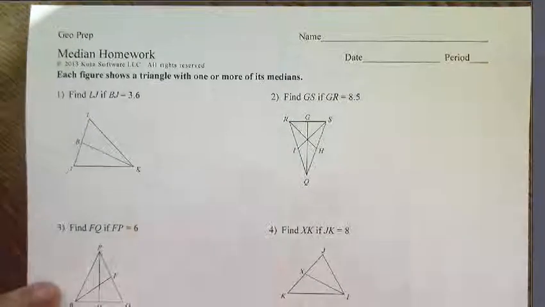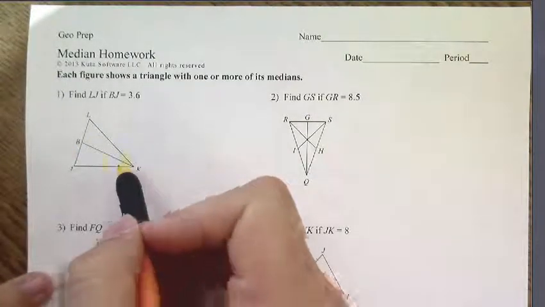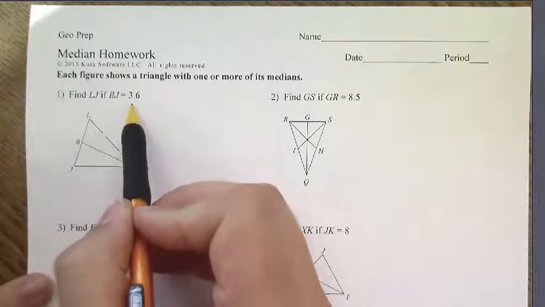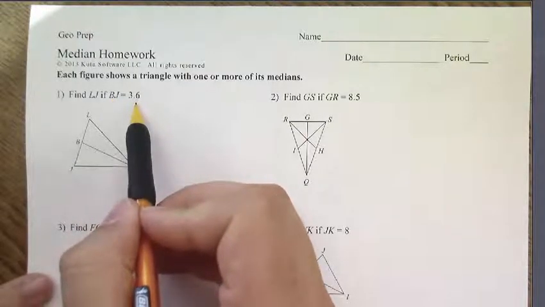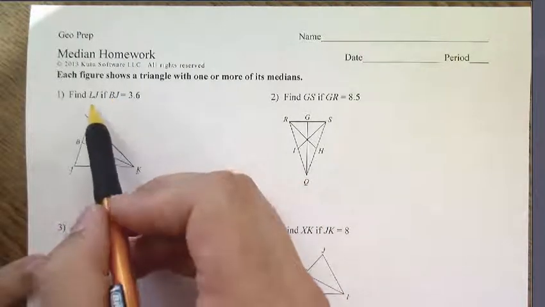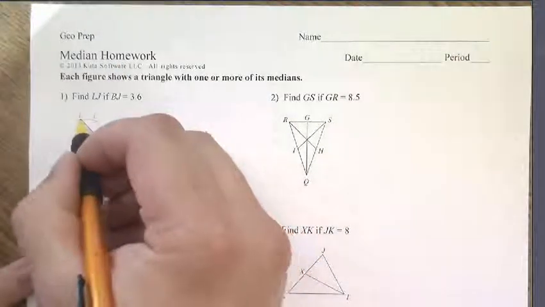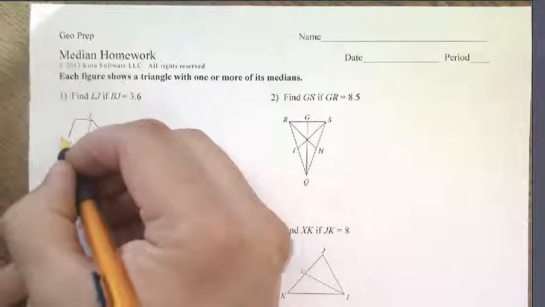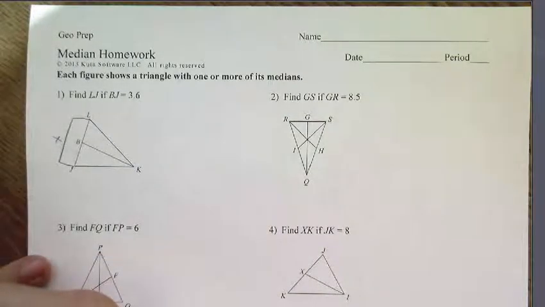Okay, so for question 1, it says find LJ if line segment BJ equals 3.6. So LJ, what I do is I label first. L to J equals something we don't know yet.